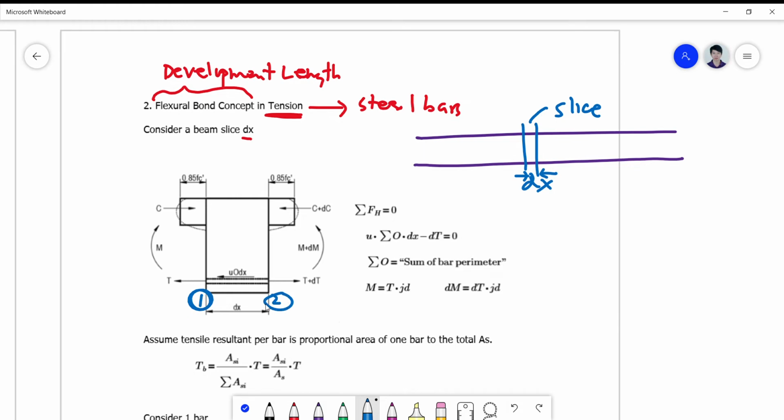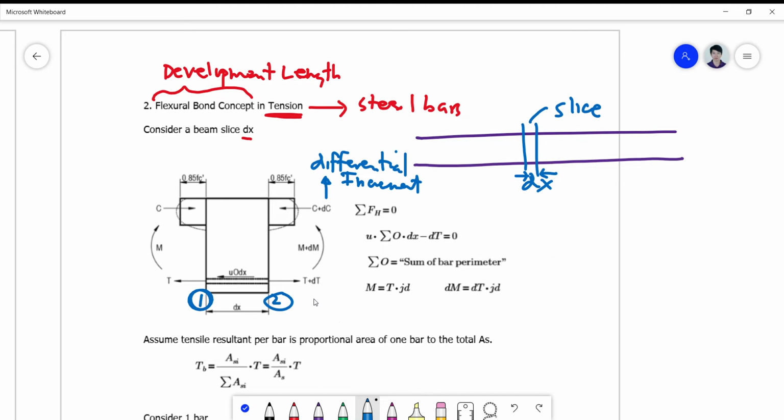If I have two sections, definitely my compression and tension forces will not be the same. This is C1, C2, T1, T2, or you can call it C plus dC, and T plus dT.